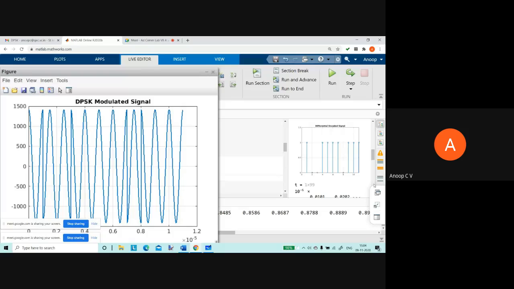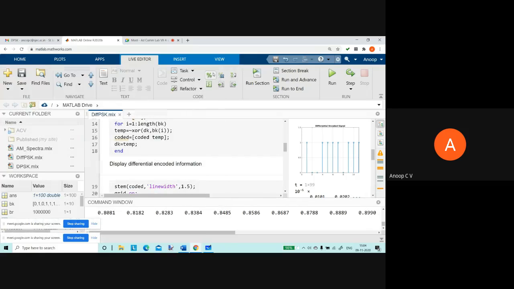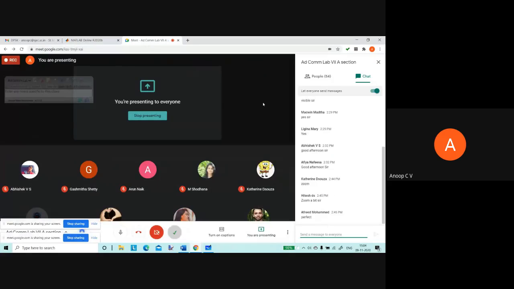It is exactly the same, but what you have to keep in mind is that we are using the differential encoded signal to modulate this high frequency carrier, which creates some difference. So this is DPSK modulation. Now we have to see what DPSK demodulation is. Before that, if I may ask, are there any doubts?